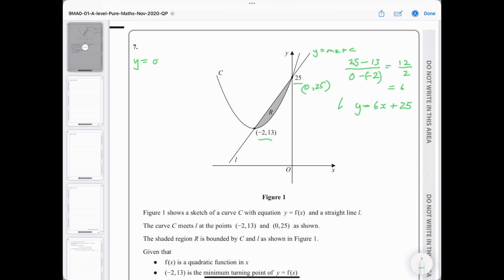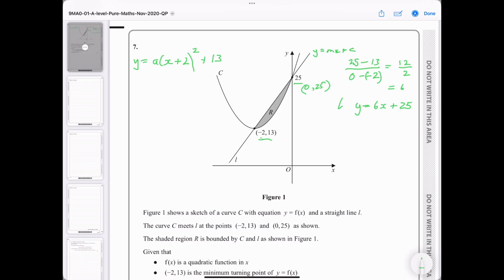We don't know what A is, but we can put in (x plus 2), because that's minus 2, so that is squared, and then plus 13. And so now we've got the bare bones of what the curve C looks like. And in order to find out what A is, we can put in a point that we have.